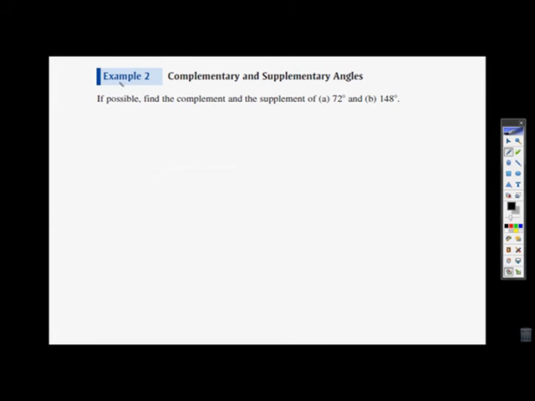So here for a little practice, example 2, complements and supplements. If possible, find the complement and supplement of first 72 degrees, and then next 148 degrees. So for part A, the complement is just 90 degrees minus the given angle. 90 minus the given 72 is 18 degrees. 18 and 72 are complements.